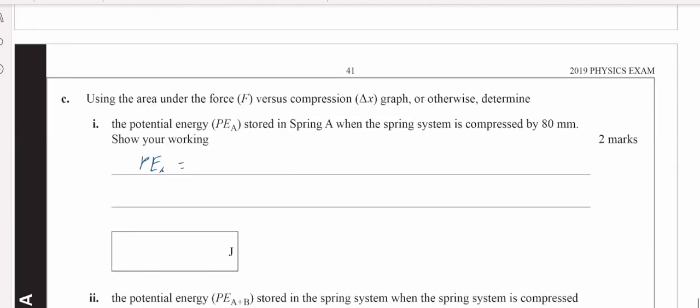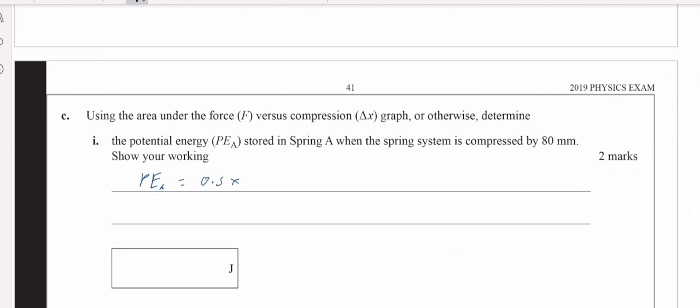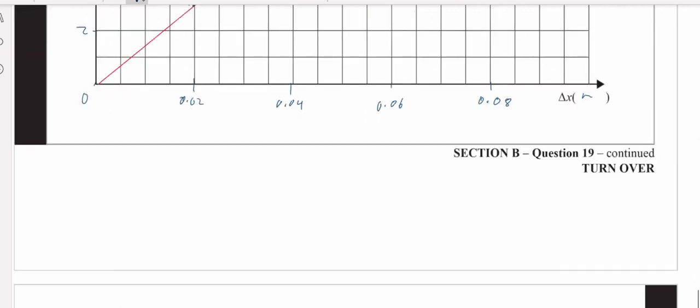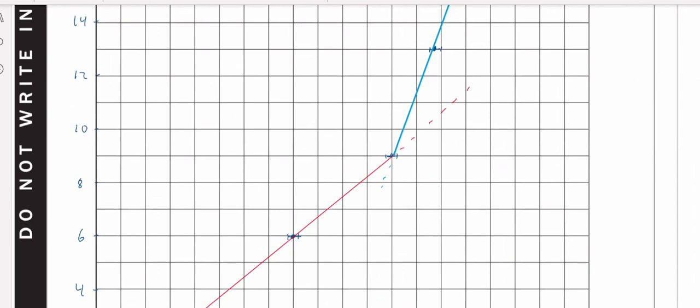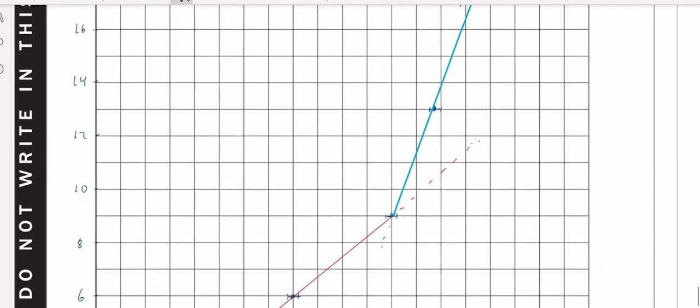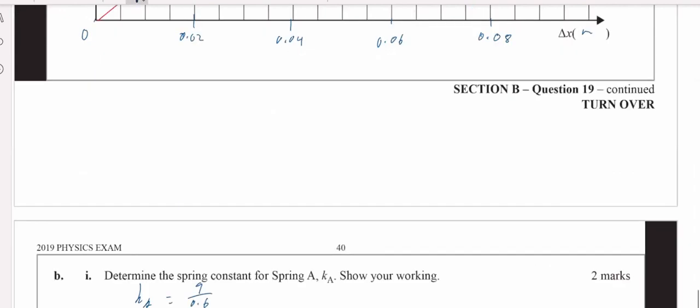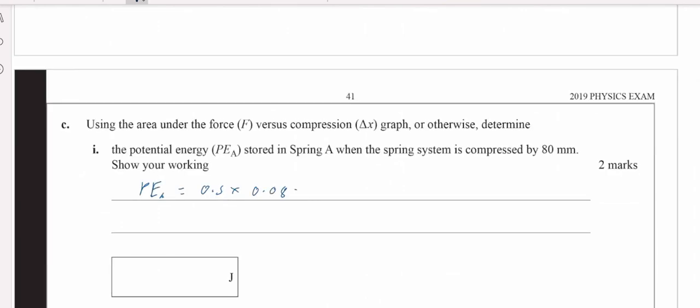So 0.5 times, if you extrapolate to here for the full potential energy, you can just get this area. So once you extrapolate to here, 0.08 goes to 12. So 0.5 times 0.08 times 12, which is 0.48 joules.